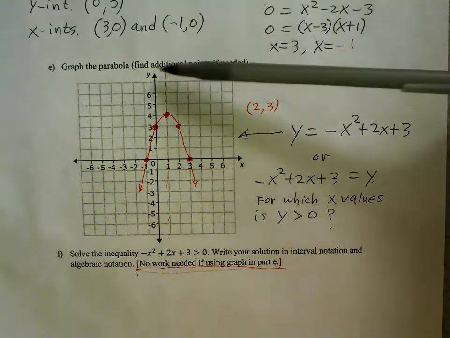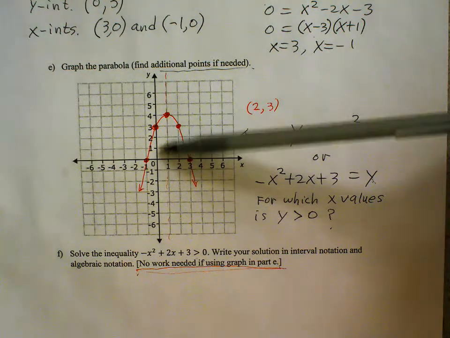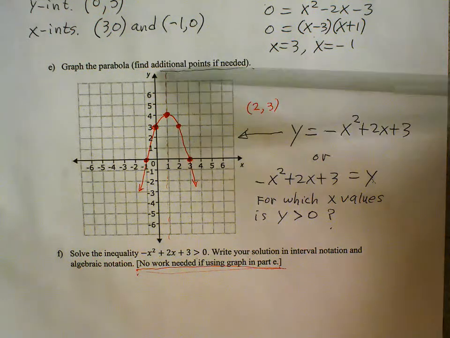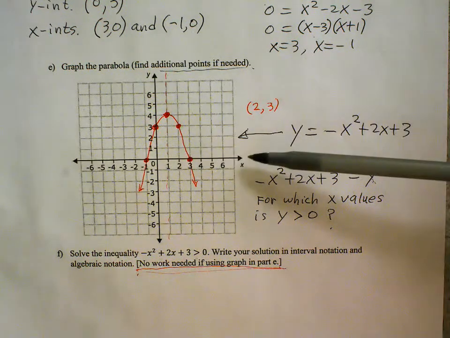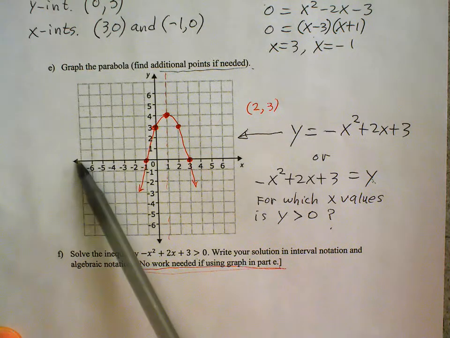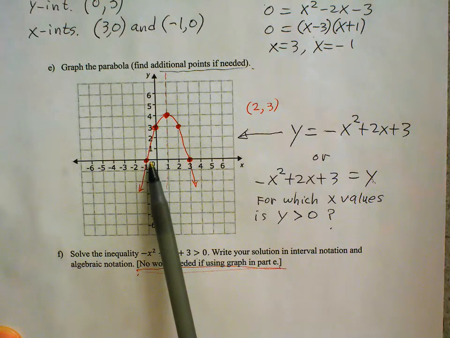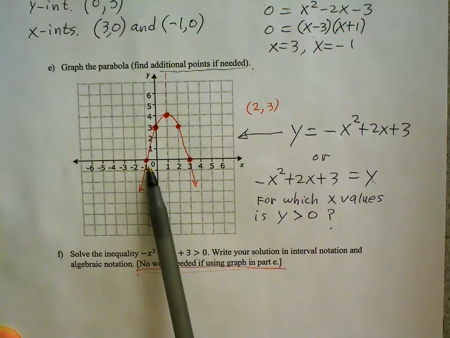Well, look at the y-axis. The y values that are greater than 0 are the numbers above the y-axis, or above the x-axis. And the interval where the graph is above the x-axis is the open interval from -1 to 3.